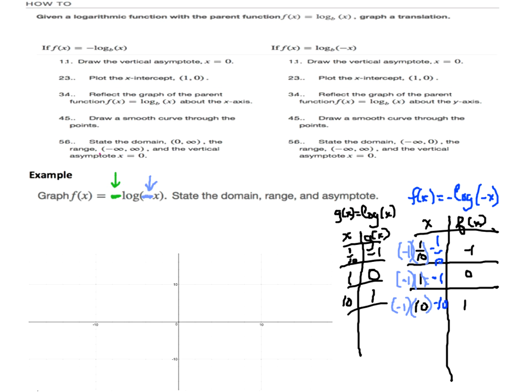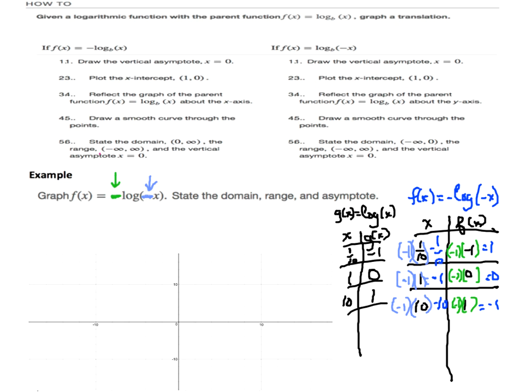And then my y values also get multiplied by -1. And I end up there with +1, 0, and -1.